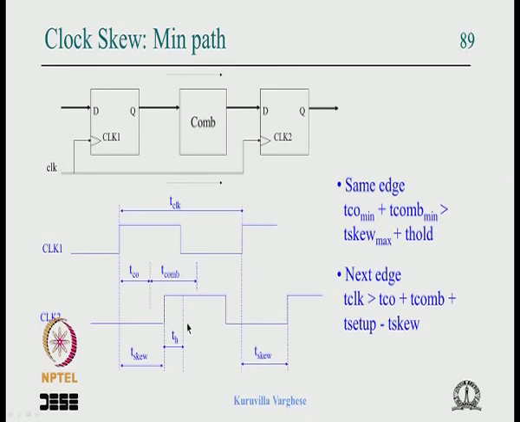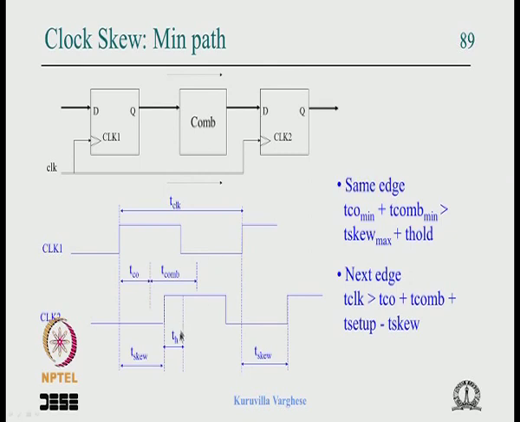the clock skew. It can create a hold time violation, and if it happens, there is no way of changing the clock period and solving the problem, because if you increase the clock period it is not going to solve it. The problem is with respect to the same clock edge. When you go from one edge to another edge, the clock period comes into the picture, but here we are talking about the same edge reaching one of the destination registers later, which can cause a hold time violation.